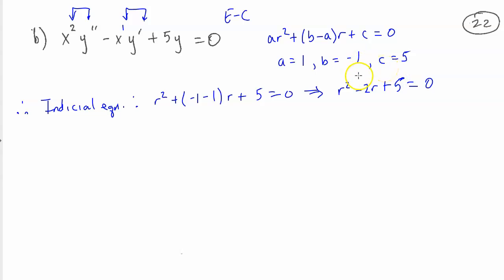And for here, you can use the quadratic formula or do completing the square. This one is pretty easy to do completing the square on, so I'm just going to use that method here. So if I do completing the square, I know I want to force these first two terms to have a perfect square.